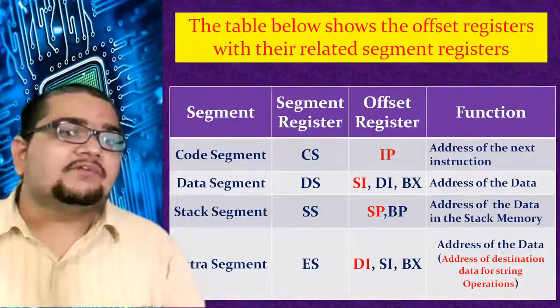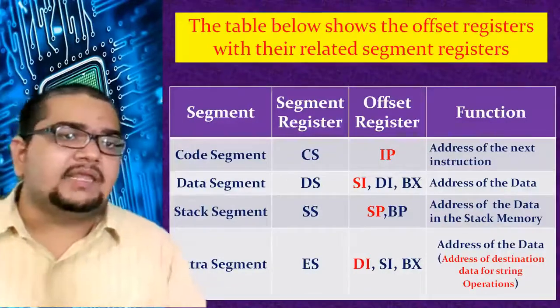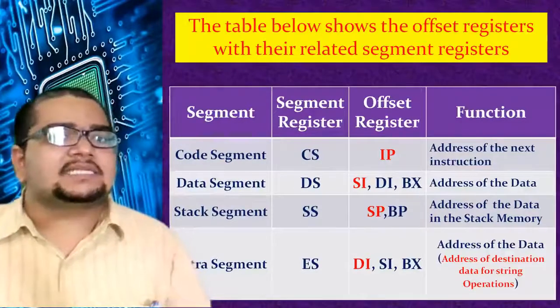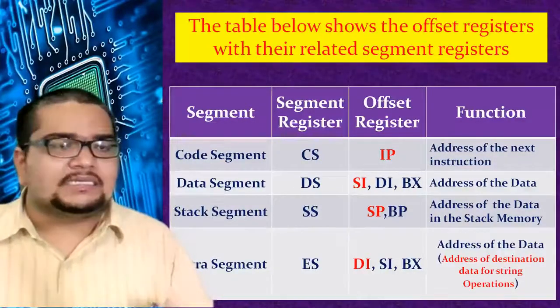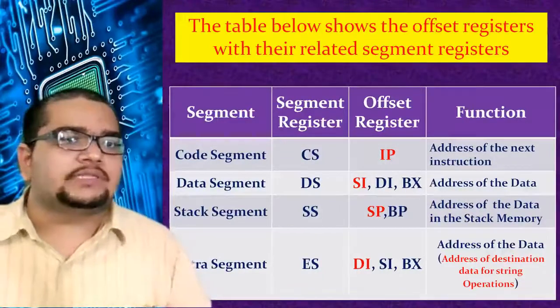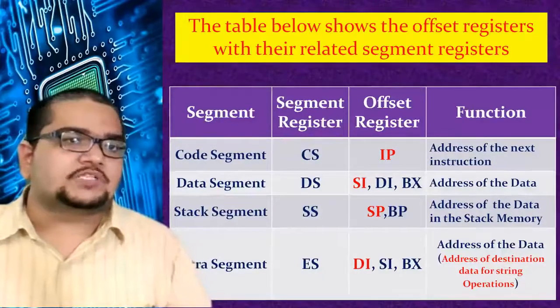And when using the stack segment memory, where the data is placed in stack format, the SS register is used for holding the segment address, and SP in general is used for holding the offset address of the stack.